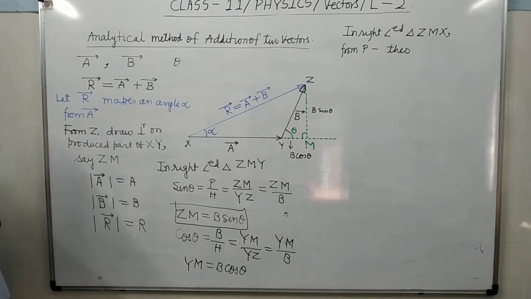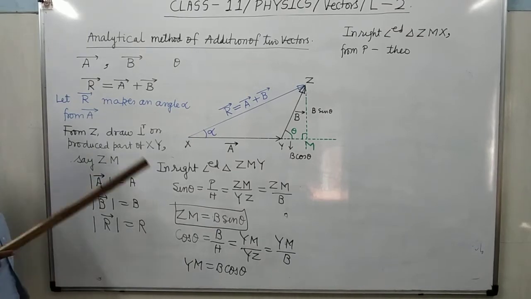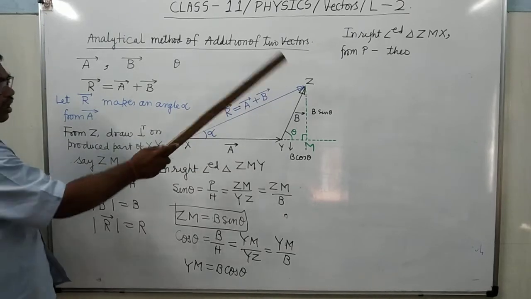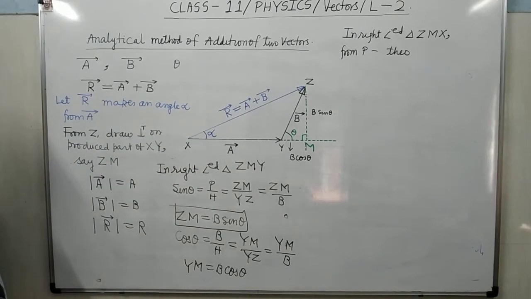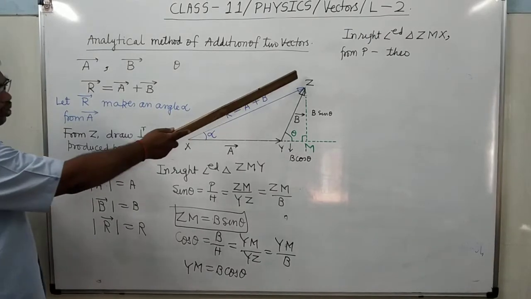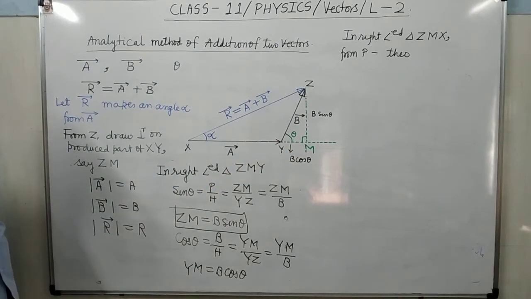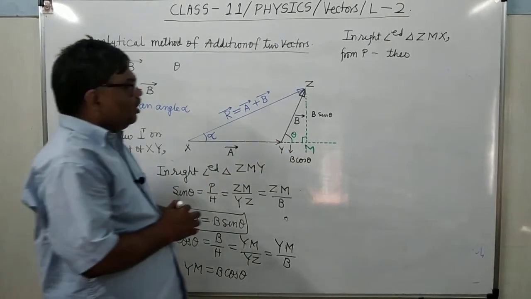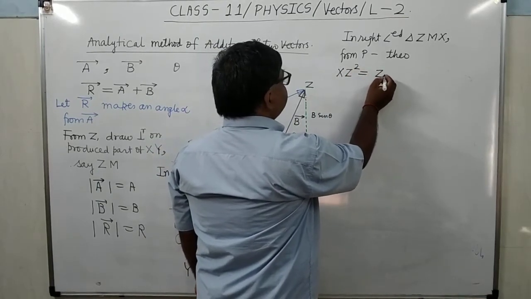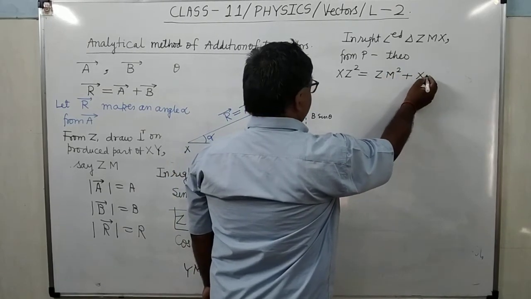I am showing you, this is ZMX. It is clear. When you apply the Pythagoras theorem, what will you get? You will get XZ square equals ZM square plus XM square.